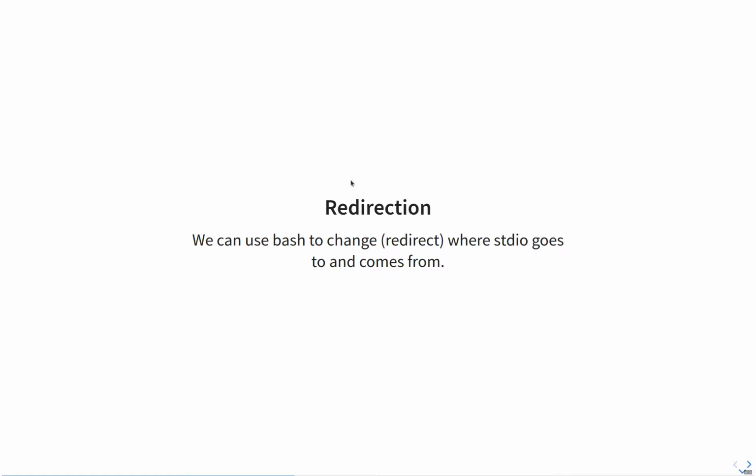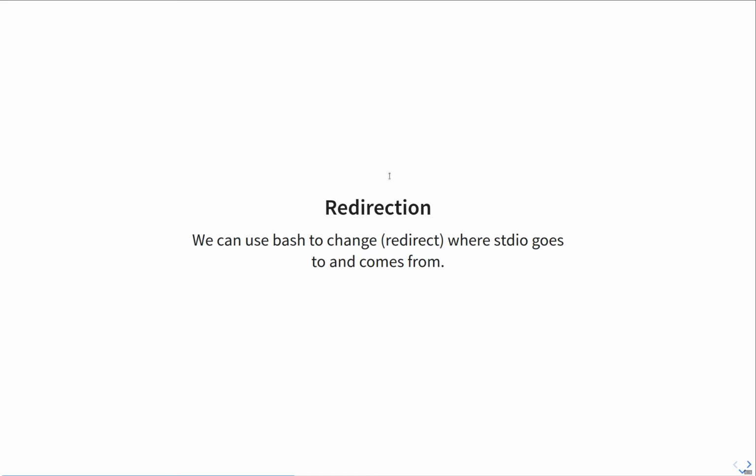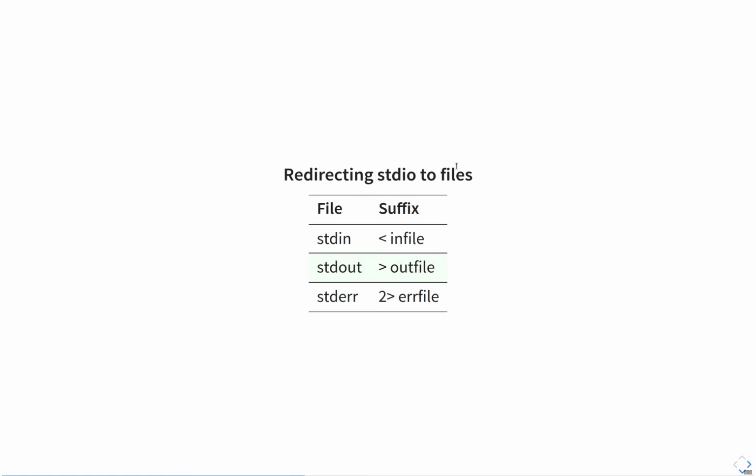Now for redirection, we can actually change in bash where our programs read from and what they write to. We can use the less than sign here to read from a file, changing standard in, the greater than sign to change standard out, and the 2 greater than sign to change the standard error output.